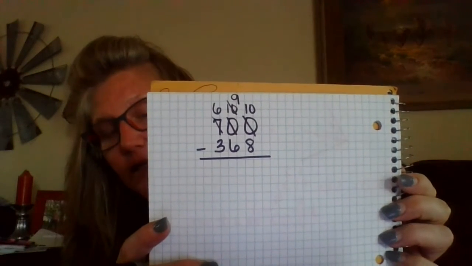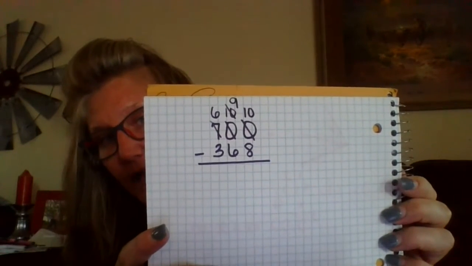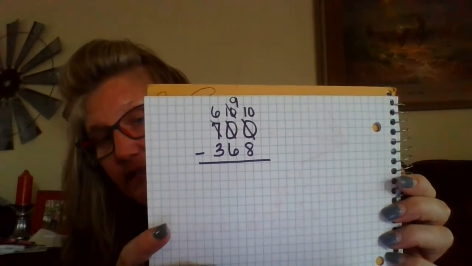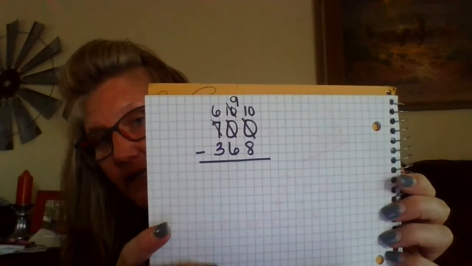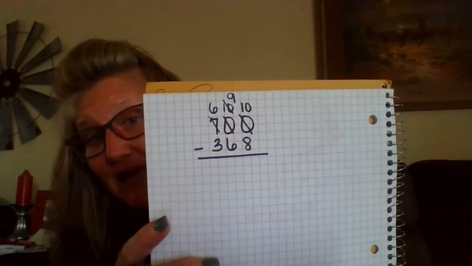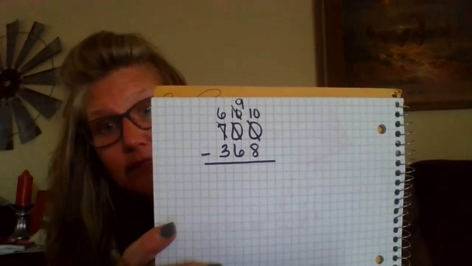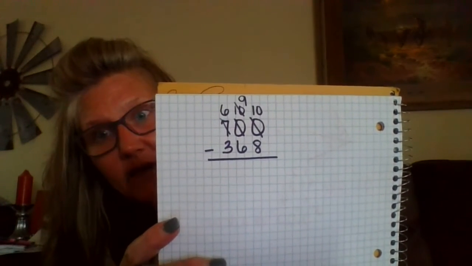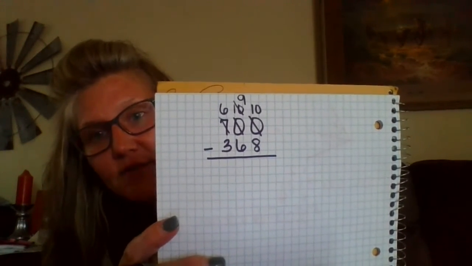Now, can I subtract? Can I do 10 minus 8? Yes, I can. 10 is larger than 8. If I had 10 candy bars, I can sneak 8 away, couldn't I? And how many would I have left? You would have 2 left. 10 minus 8 is 2.